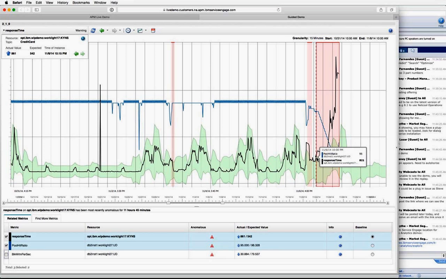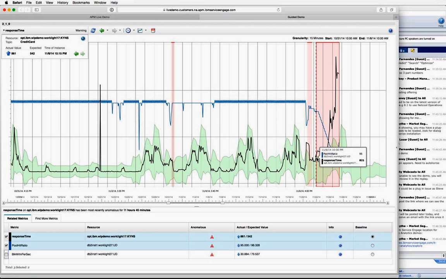But depending on where you had your static threshold set, we were given anywhere from about an 8 to a 12-hour head start to find this problem before that static threshold, which maybe represents your SLA, was actually triggered.